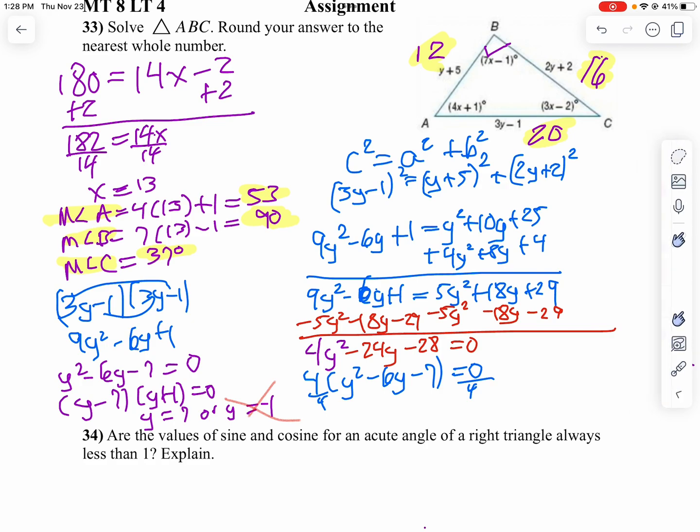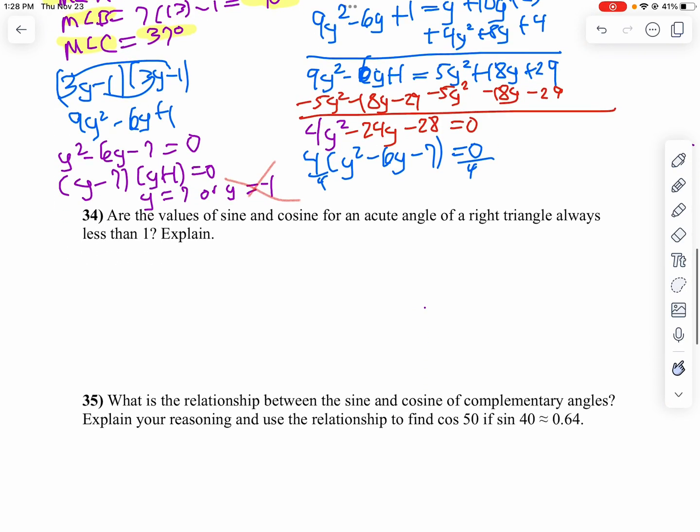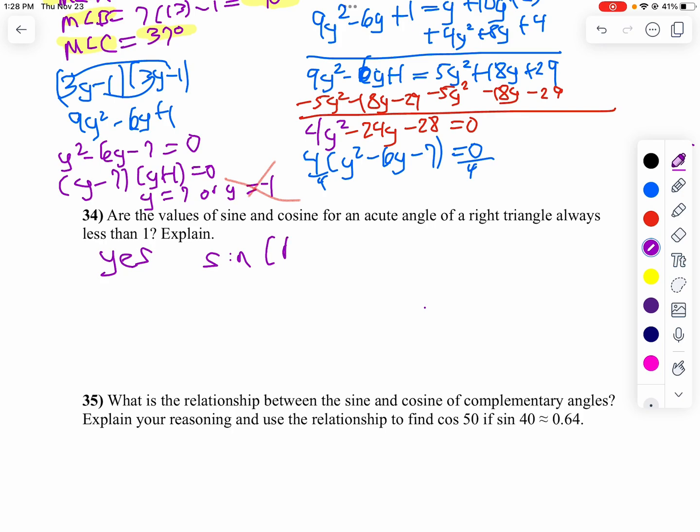On the last question, 34, I'd take that back. It's not the last question. Are the values of sine and cosine for acute angles always less than 1? Well, yes. Because sine of my angle is the opposite over the hypotenuse.